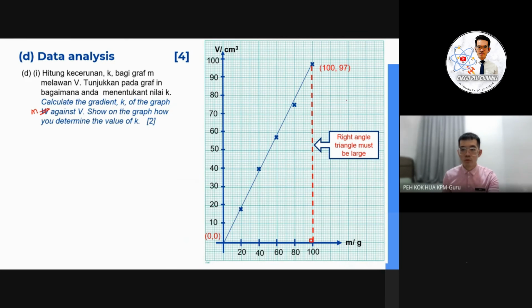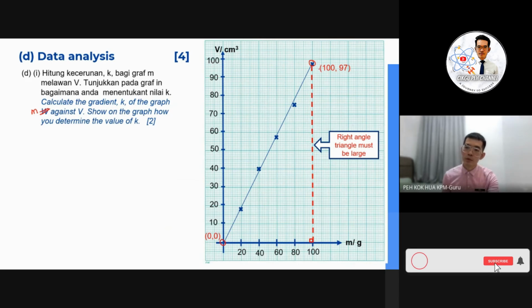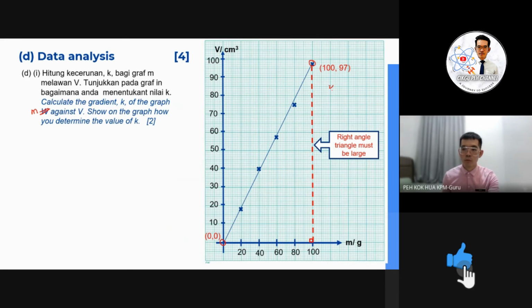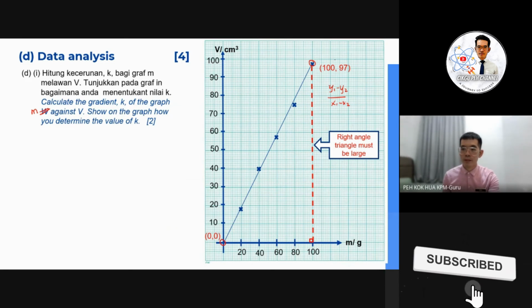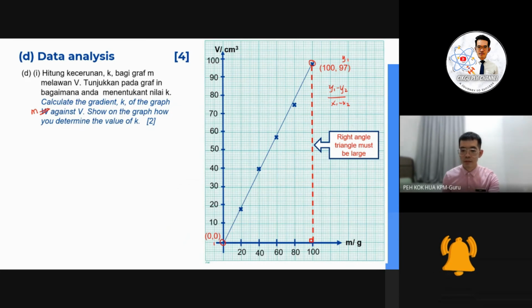And second, you have to choose 2 points in your graph here. So the first will be 0, 0, I choose. And then the second, I will choose the last endpoint here, referring to 100 and about 97 here. Okay, so for the gradient, the formula will be y1 minus y2 over x1 minus x2. So my y1 can be here, and my y2 can be here.